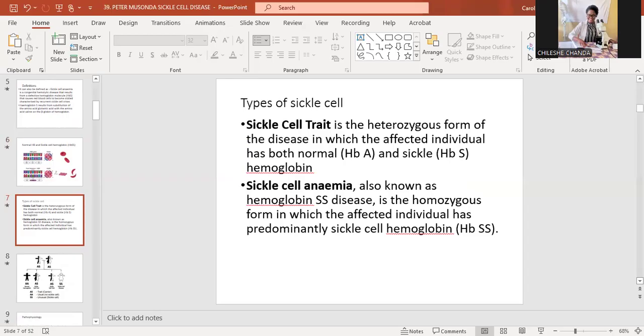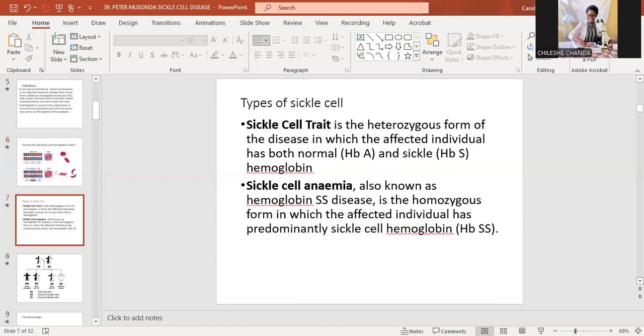There's sickle cell trait. This is the heterozygous form of the disease, where the person inherits only a trait from one parent. So this patient will not exhibit any signs and symptoms.